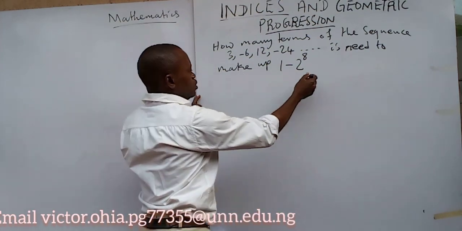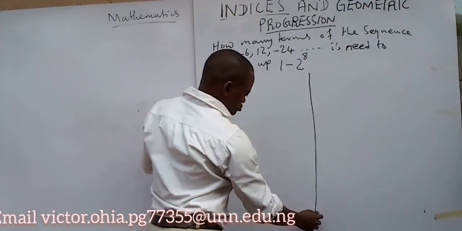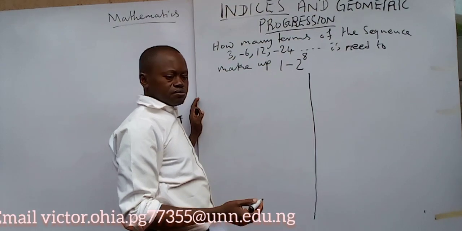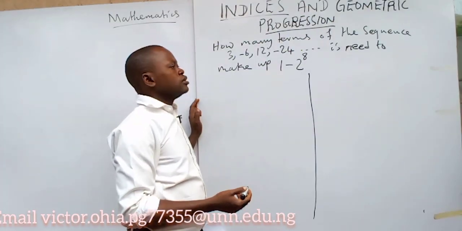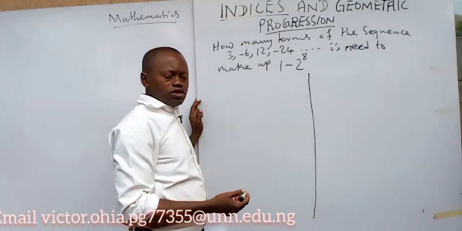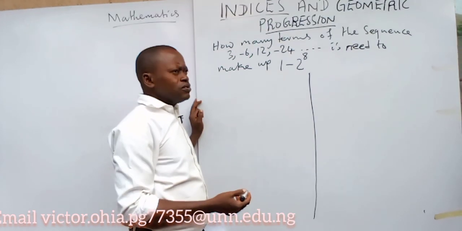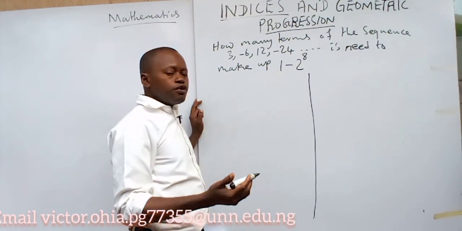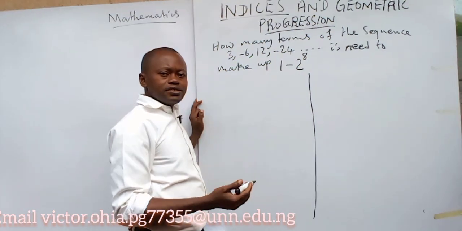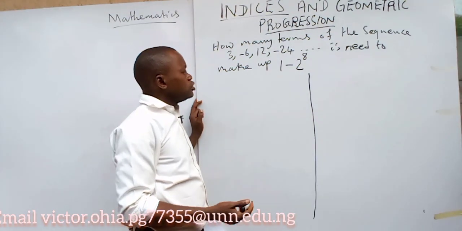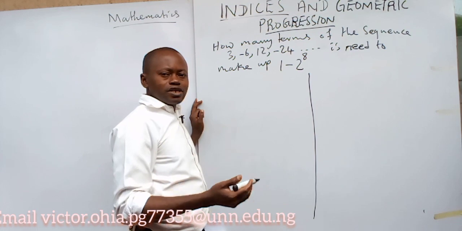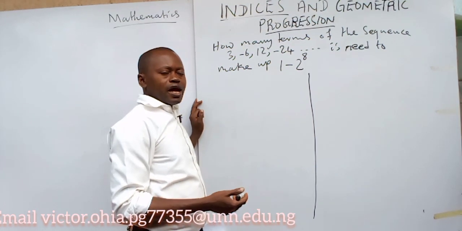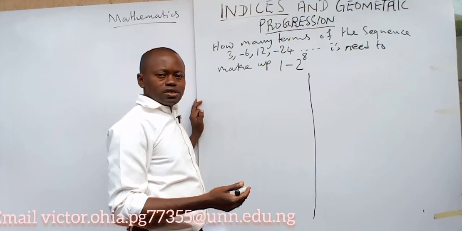Now, when we were looking at geometric progression, we looked at the nth term of a geometric progression, and we came down to the sum of a geometric progression. We gave two formulas used in calculating the sum: an instance where the common ratio is greater than 1, and another where the common ratio is less than 1.